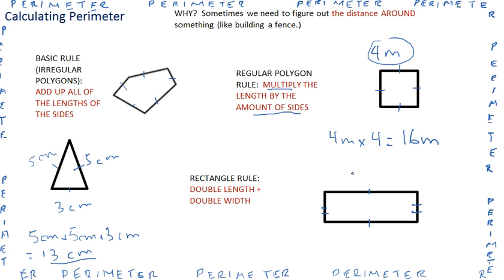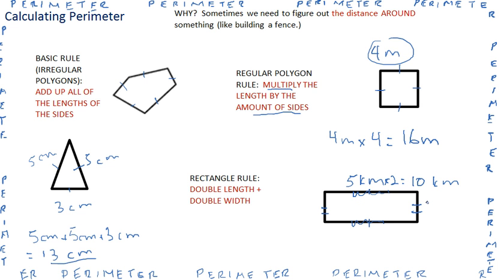So if this was 5 kilometers, then I already know that this is 5 kilometers. So I can just do 5 kilometers. Since there's 2 sides, I just double it. So double means multiply by 2. So that's 10 kilometers. So I already know that this side and this side, they both equal 10 kilometers when you add them up.